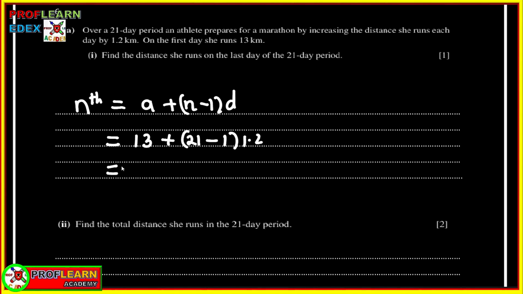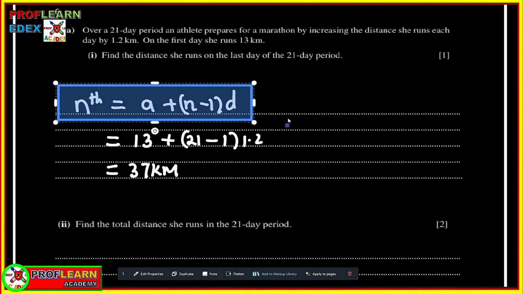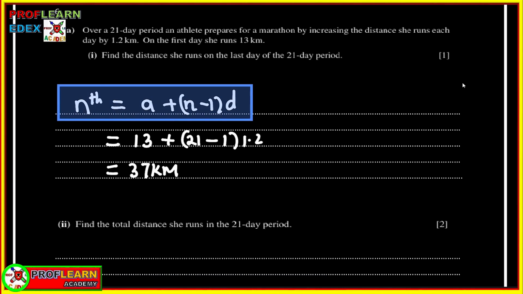So we substitute the first term, 13, plus 21, which is the term number n, minus 1, then we multiply by 1.2. That is going to give us what? If we work it out, we are going to get our answer as 37 kilometers.